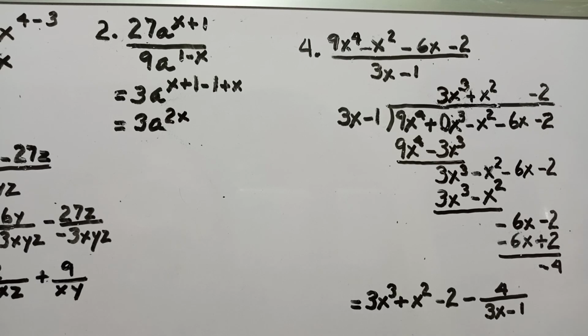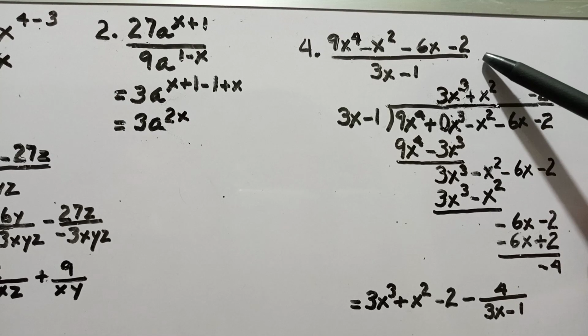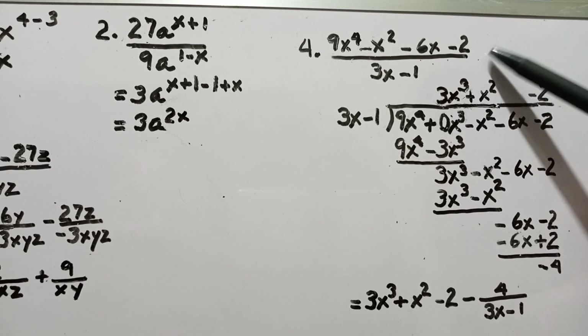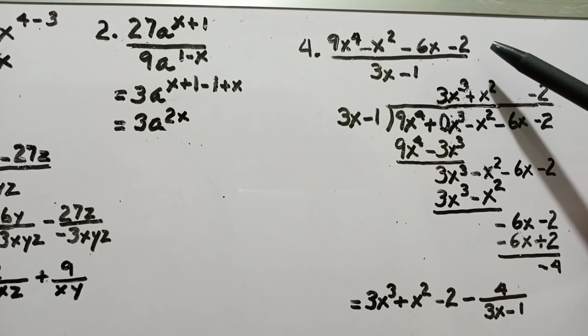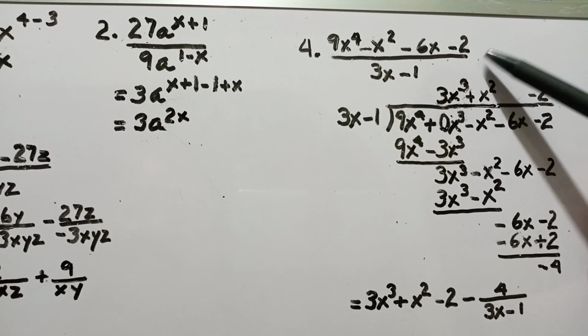A difficult expression, especially when your teacher does not give a similar expression like this one, and then in the exam a similar expression will come out. So most probably you will just skip this expression because you do not have any idea how to do it.